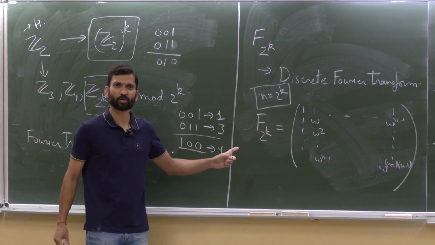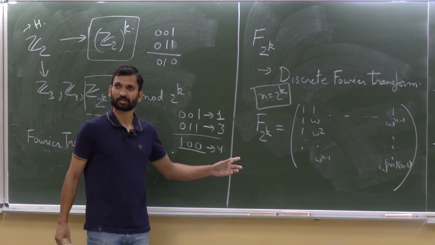You have seen such matrices before. These are called Vandermonde matrices. Right?